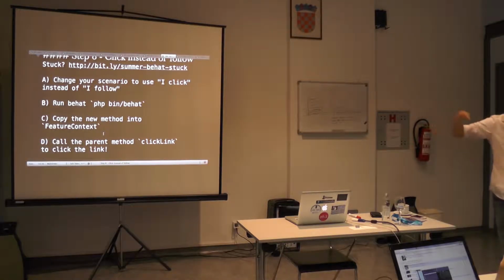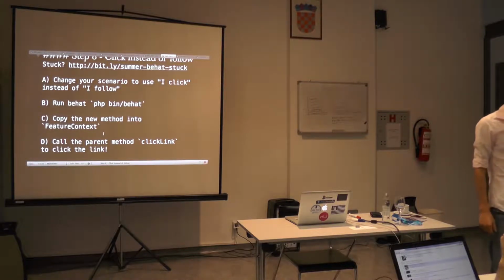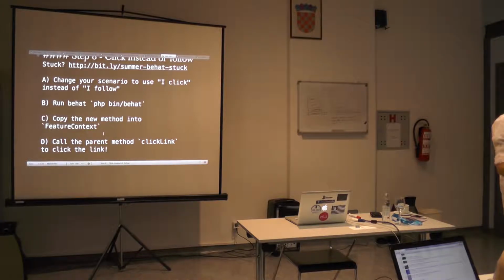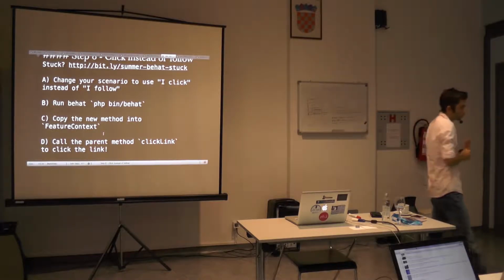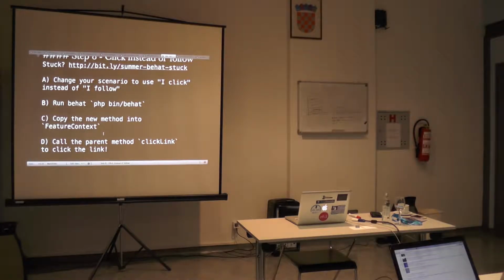So if you open up that parent class, that Mink context, and search for the word follow, you'll find a function with that text above it. And the name of that function is clickLink. So the whole goal of this step is to use language that's more natural to us with as little effort as possible.